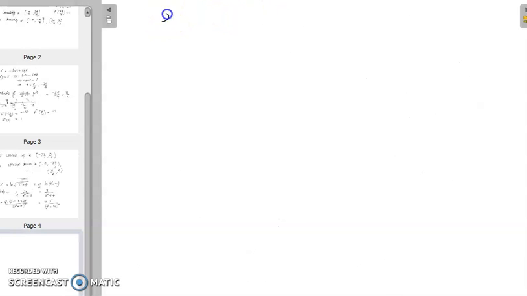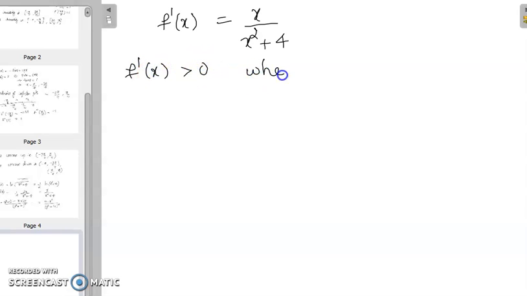f dash of x is x by x square plus 4. So if you look at the denominator, the denominator is always positive. So f dash of x is greater than 0 when the numerator is greater than 0, so when x is greater than 0, and f dash of x is less than 0 when x is less than 0.